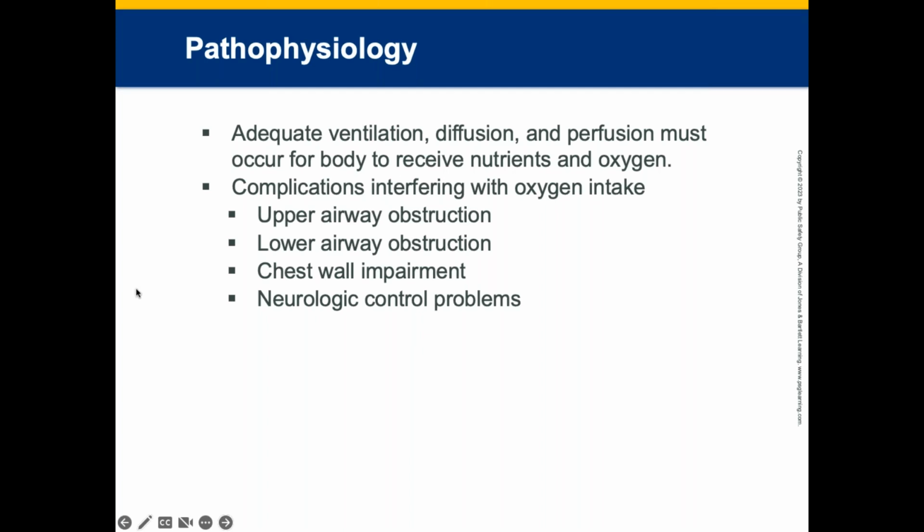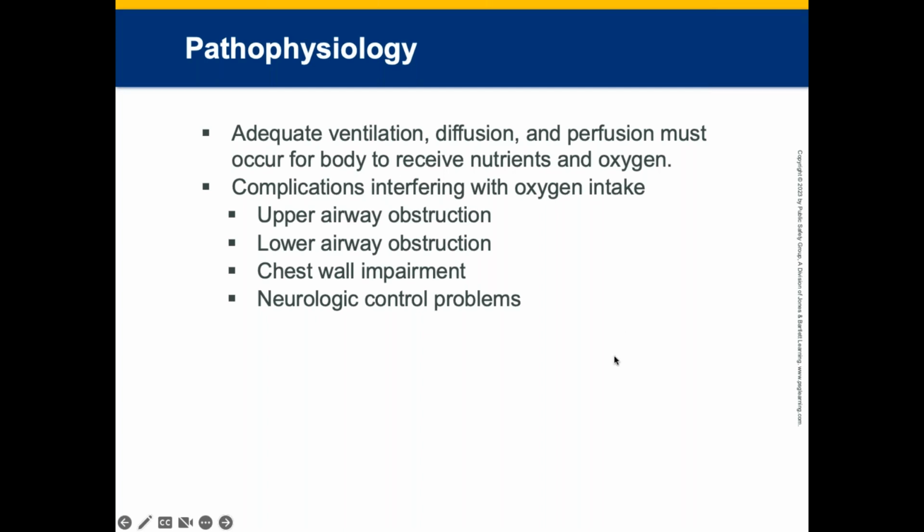So some complications interfering with oxygen intake would be a foreign body airway obstruction in the upper airway, trauma, or any kind of inflammation. Lower airway obstruction would be trauma, obstructive lung disease like pneumonia, airway edema, smooth muscle spasm, mucus accumulation, or even, number 3, chest wall impairment like trauma, hemothorax, pneumothorax, pleural effusion, pleural inflammation, neuromuscular disease.